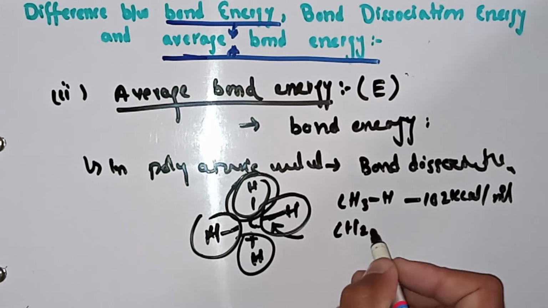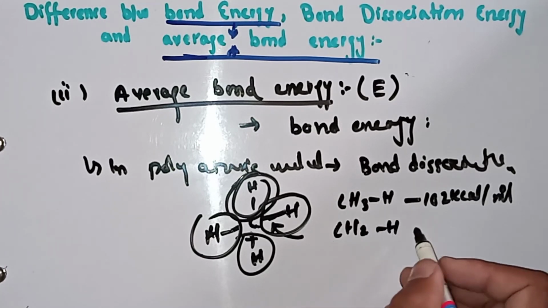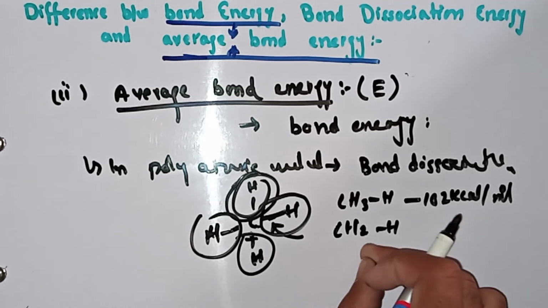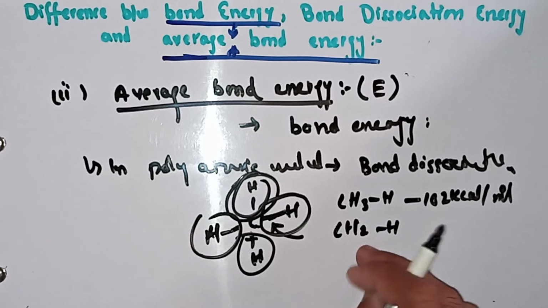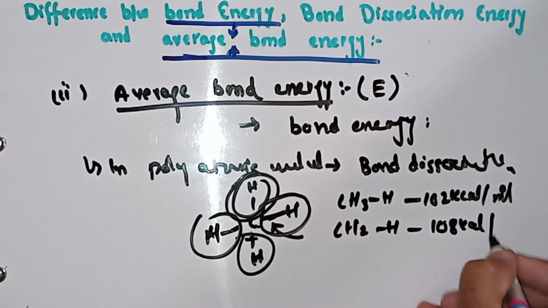In case of CH2-H, when you break this bond, when there are only three hydrogens with carbon, in this case the bond dissociation energy will be equal to 108 kilocalorie per mole.